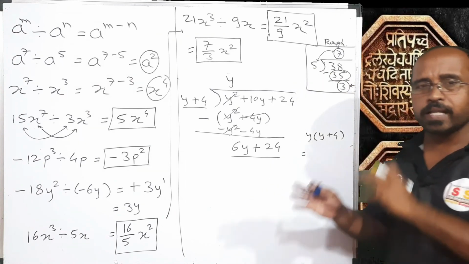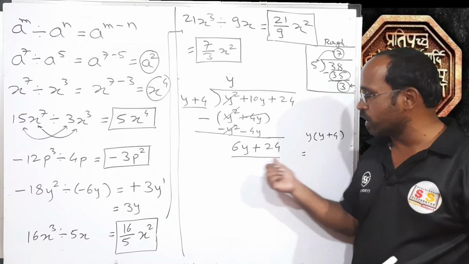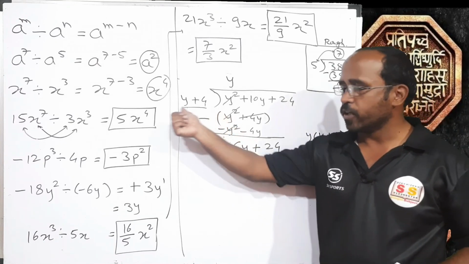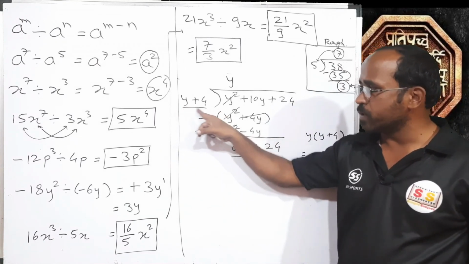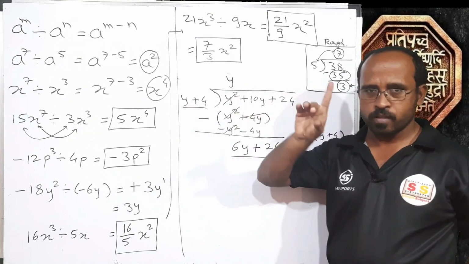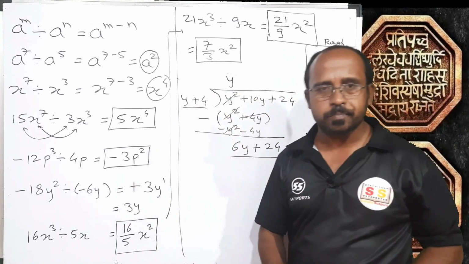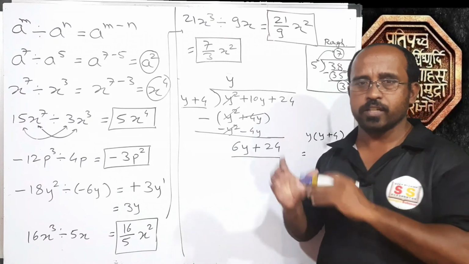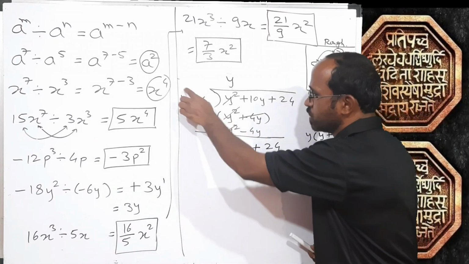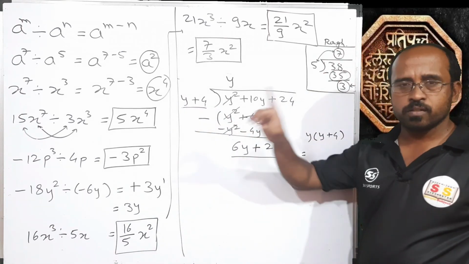Here, instead of comparing numbers, we have to compare the index or degree of this polynomial with the degree of that polynomial. So what is the degree of this polynomial? That is 1. The highest degree in any polynomial is called the degree of that polynomial. So here the highest degree is 1, and here also the highest degree is 1.